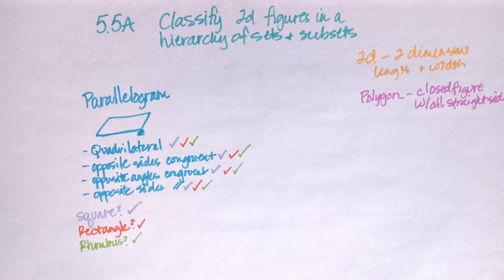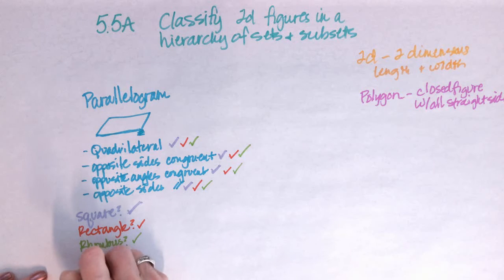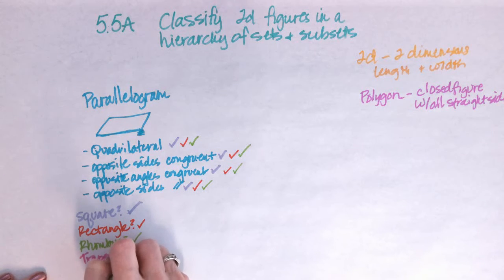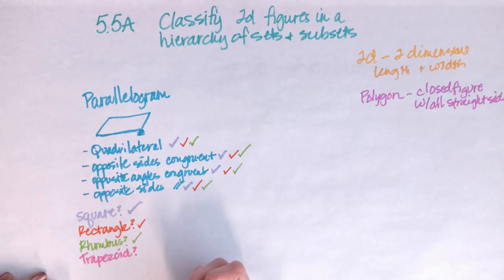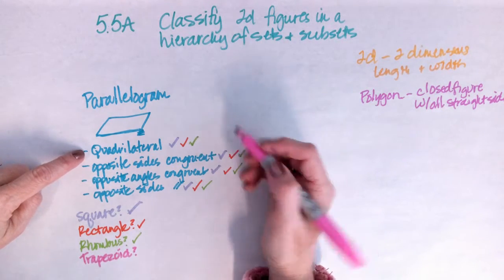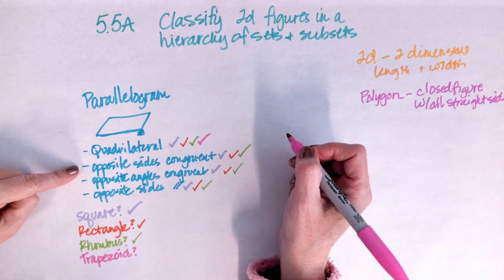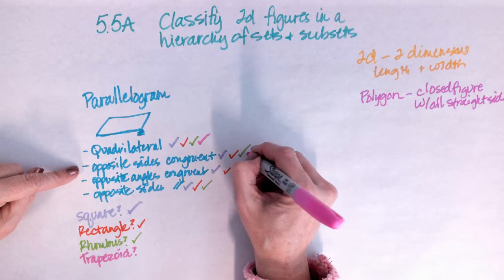And last, let's think about a trapezoid, because a trapezoid has some unique characteristics that no one else has. Trapezoid. So, with its unique characteristics, is it a parallelogram? Is it a quadrilateral? Yes. Are opposite sides congruent? No, they don't have to be.